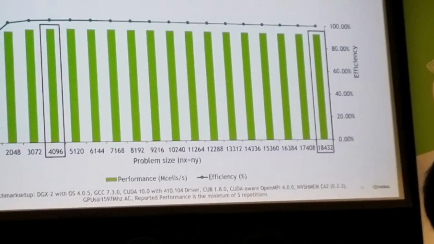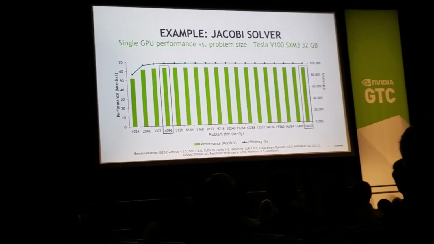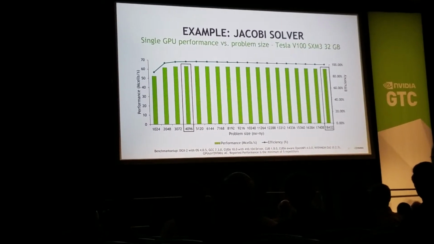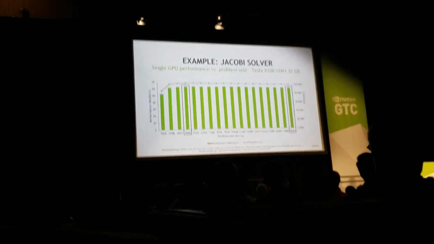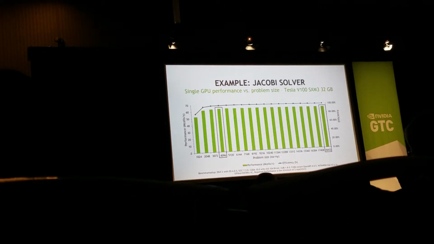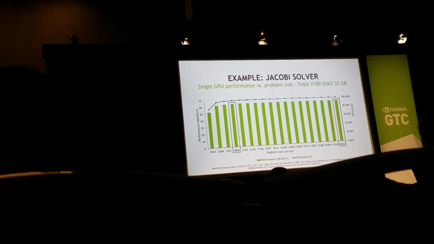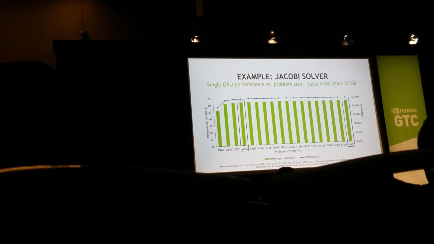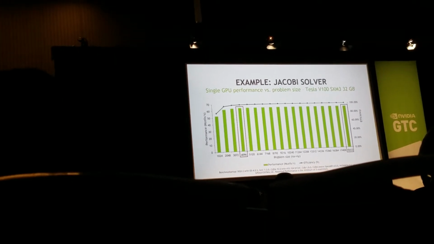Another thing before I look at multi-GPU performance is what problem size should we look at? I want to look at strong scaling, so we keep a fixed problem size and then scale it from 1 to 16 GPUs on the DGX2. But we want to compare the different multi-GPU programming models, and I don't want to have the results disturbed by the effect that the local domain size gets too small to actually run at full performance.